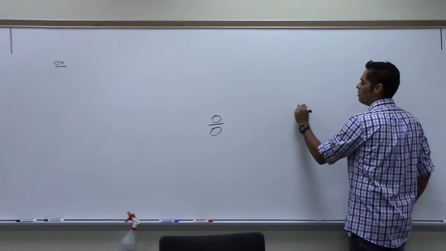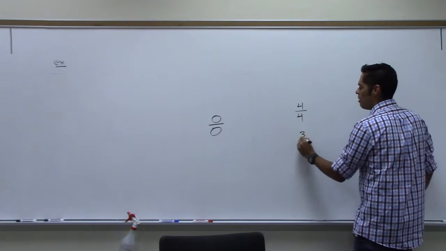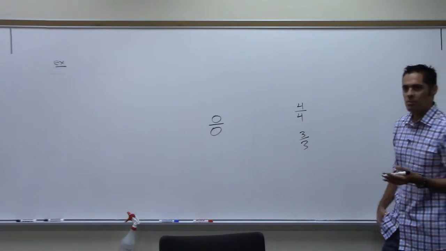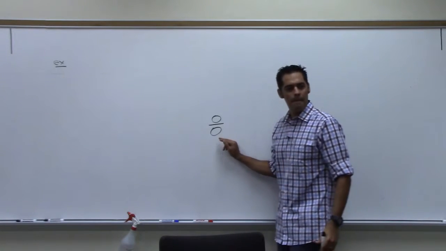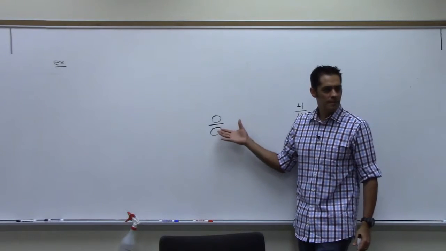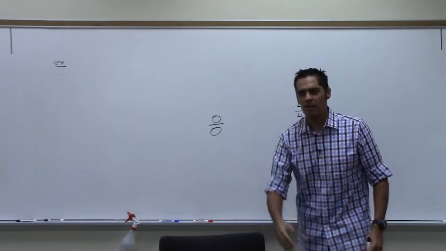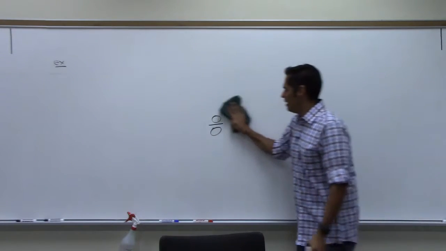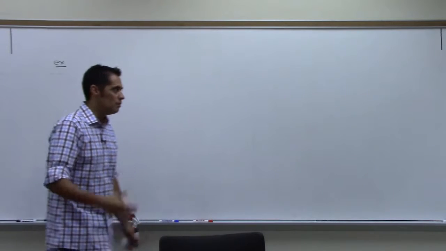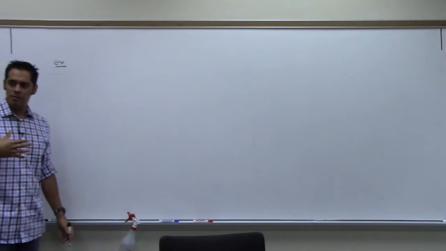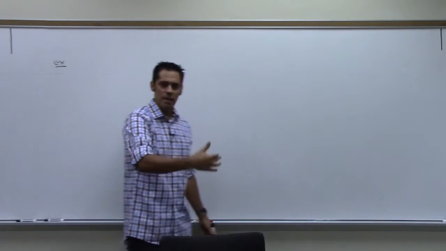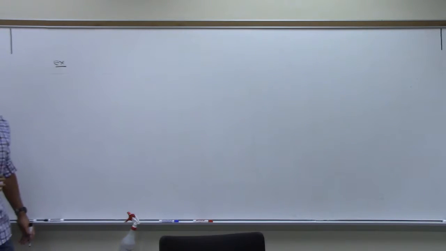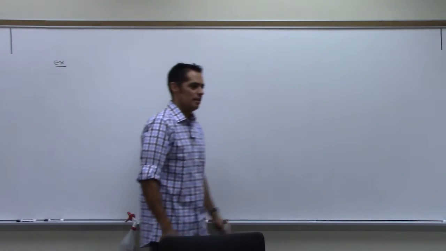Well, I could see why you'd want to do 1 because like 4 over 4 is 1 and 3 over 3 is 1. You've always been told that anything over itself is 1, right? But you've also been told that you're never allowed to divide by 0. So what is this? Take calculus and you'll see. Can't do it here. Sorry. But it was the fundamental problem, and it caused a lot of issues for a long time. And that's when Isaac Newton came around and found a way to get around it and allowed us to do calculus. And it all grew from there.